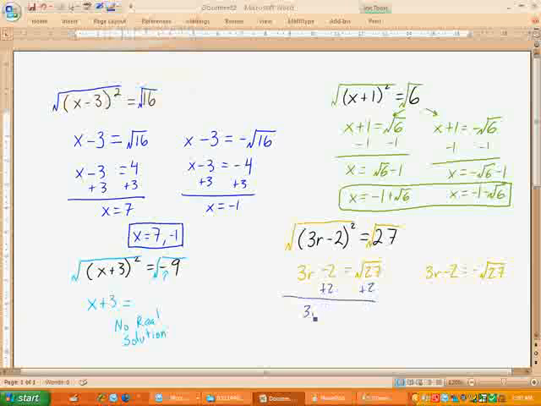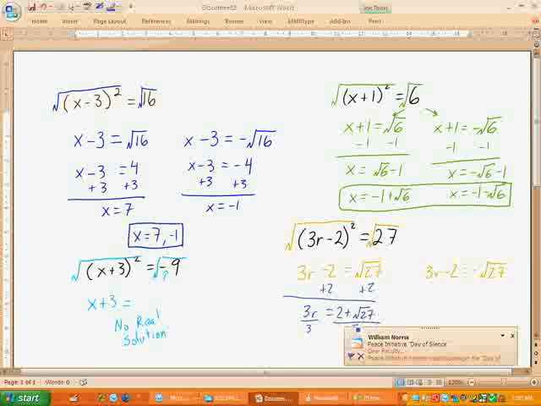So I'll have 3r = 2 + the root of 27. And then I'm going to divide both sides by 3. And so I've got r = (2 + the root of 27) over 3.